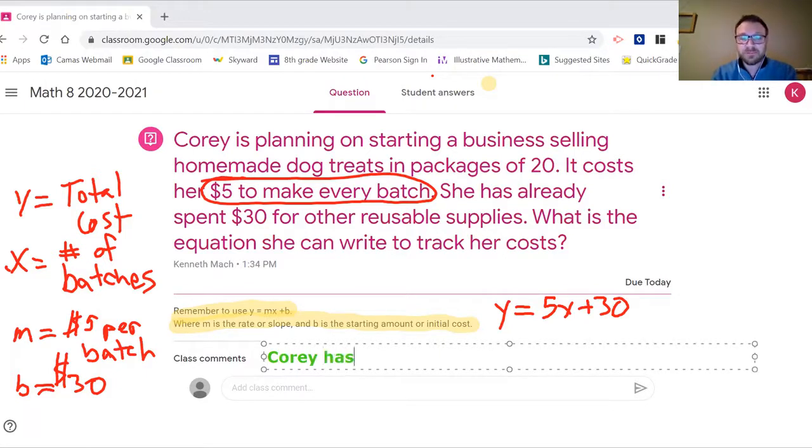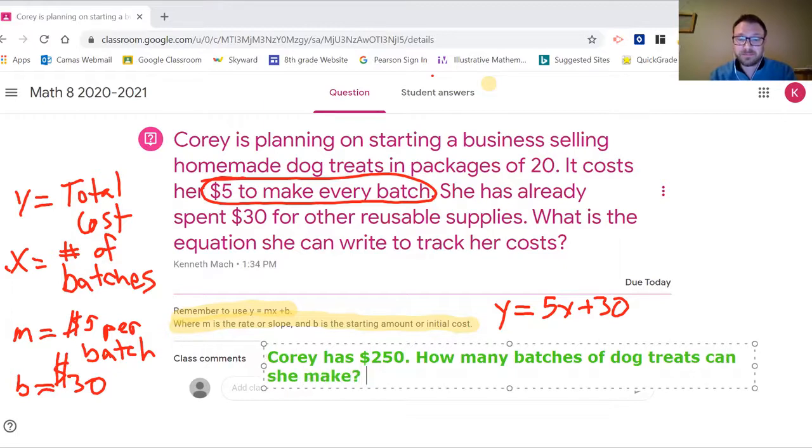Corey has, let's go with $250. How many batches of dog treats can she make?